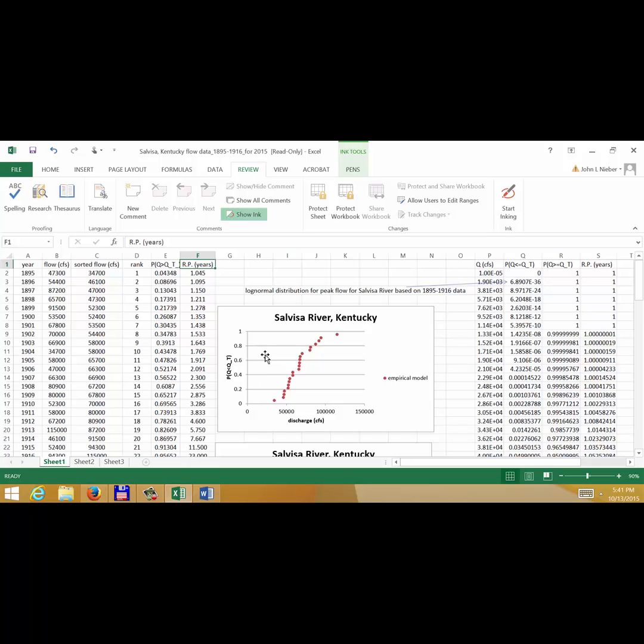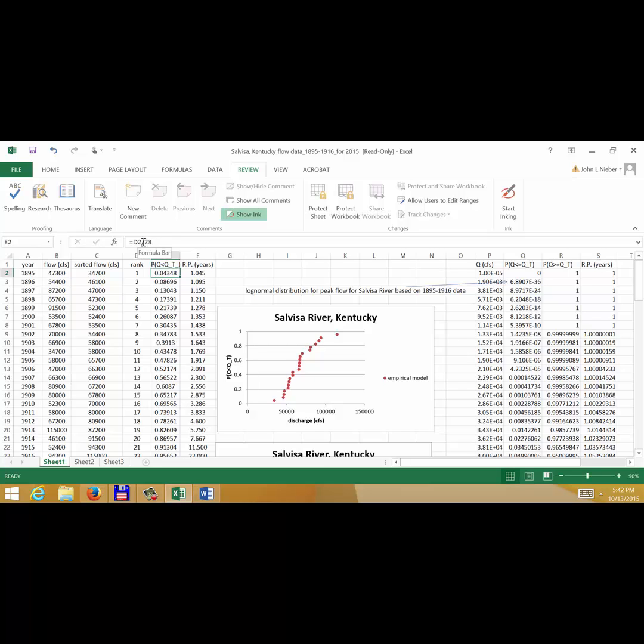Those red dots are the individual values. And actually, there's another mistake here. This is the probability, not of exceedance, but the probability of non-exceedance. That is the probability that the value is less than the QT.